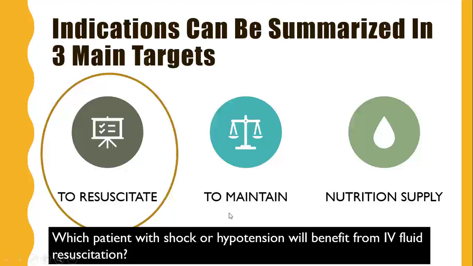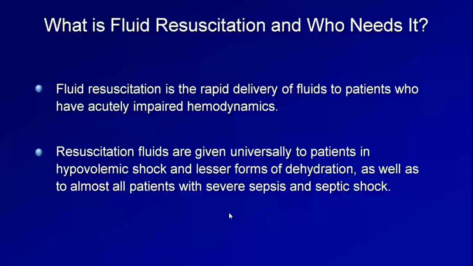Which patient with shock or hypotension will benefit from IV fluid resuscitation? Firstly, what does fluid resuscitation mean? Fluid resuscitation is a rapid delivery of fluids to patients who have acutely impaired hemodynamics. Resuscitation fluids are given universally to patients in hypovolemic shock and lesser forms of dehydration, as well as to almost all patients with severe sepsis and septic shock.